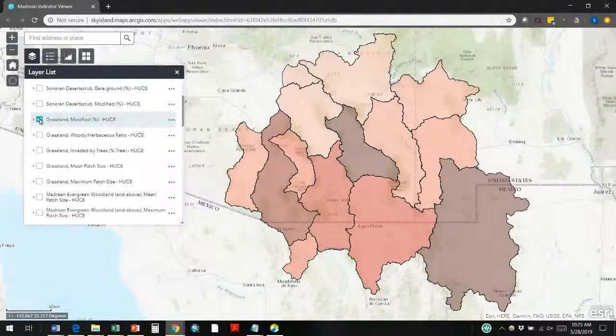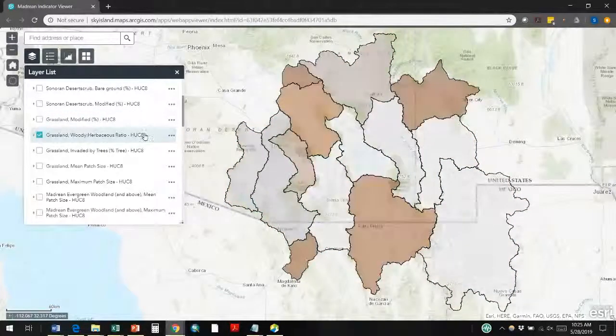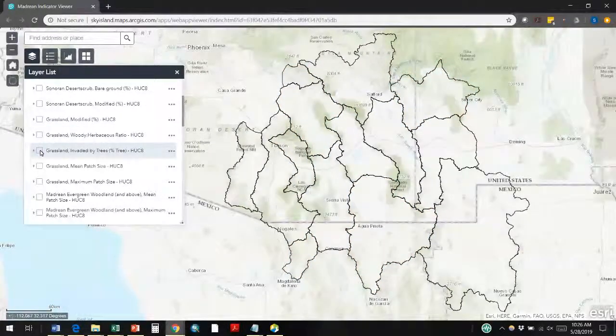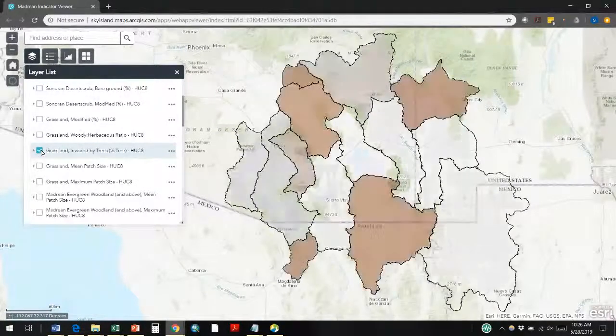We calculated a woody to herbaceous ratio, also just within the Brown and Lowe grasslands ecosystems, and this is again that tree to no tree ratio. And then I also mapped just the percent trees, which is going to be similar.